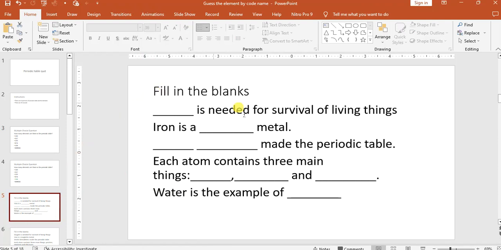So second question, fill in the blanks. Dash is needed for survival of living things. Then iron is a dash metal. Dash made the periodic table. Each atom contains 3 main things: dash, dash, and dash. Water is the example of dash.